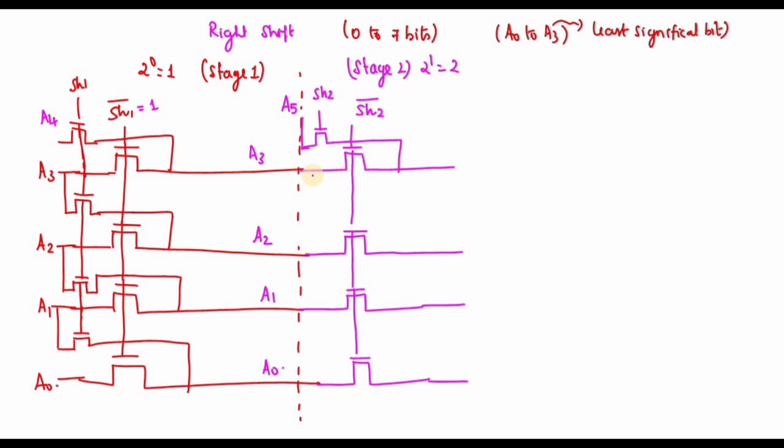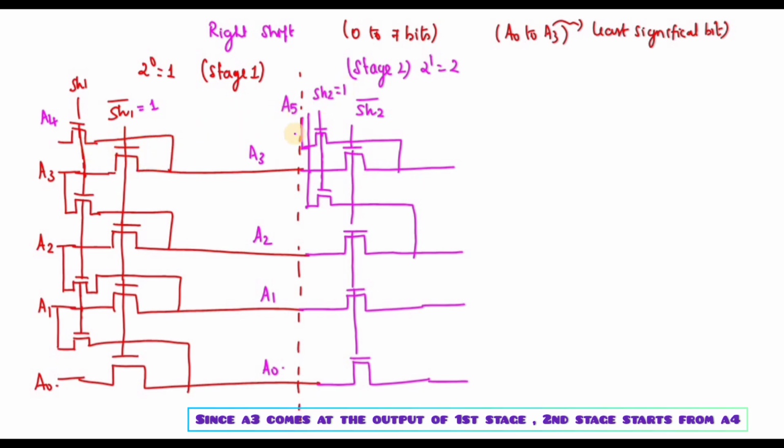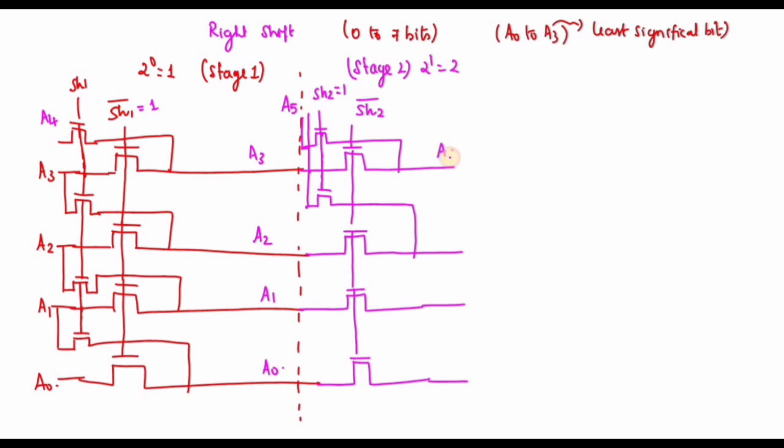And the a6 bit will reach here, because it is shifting two values. If sh2 is 1, it will shift two values. So if it shifts two values, initially you have a5 here, and this is my a6.